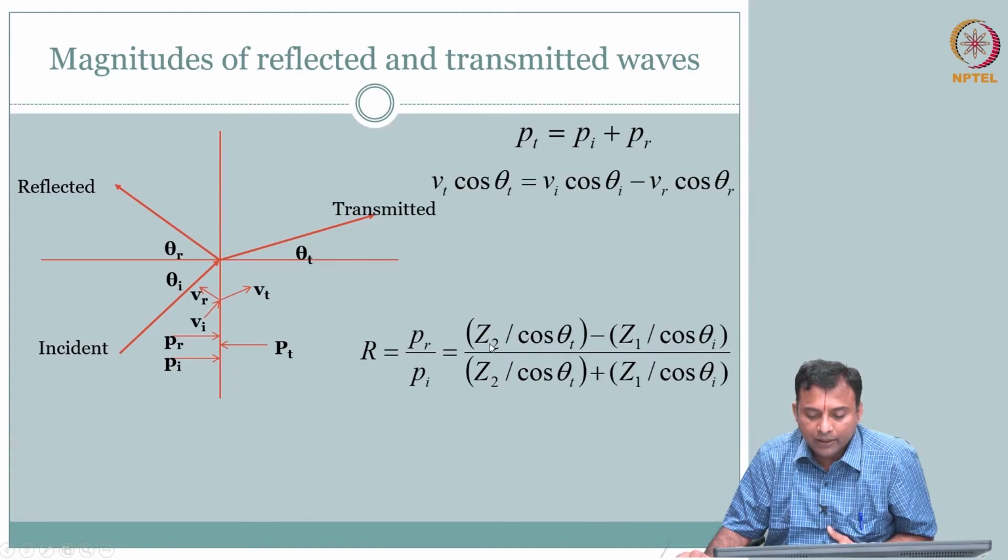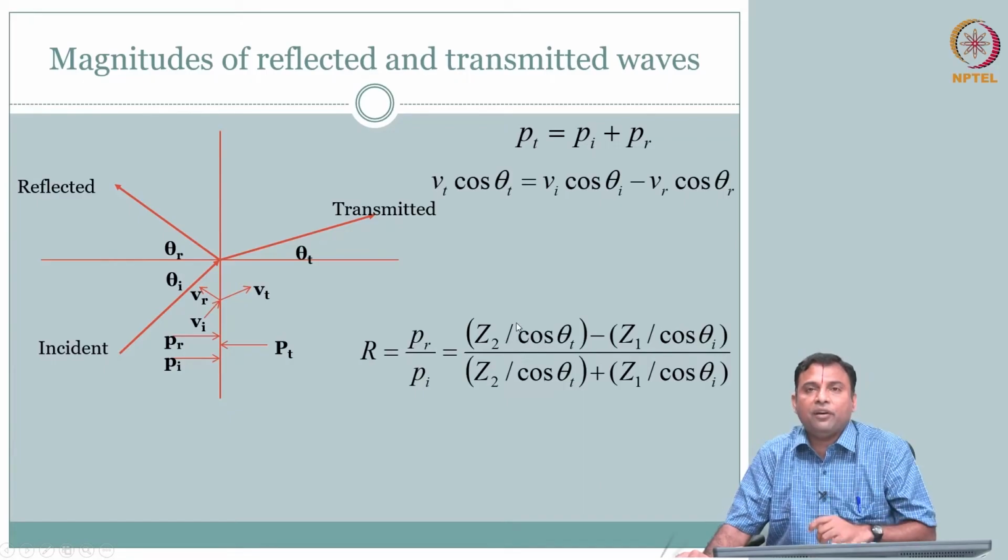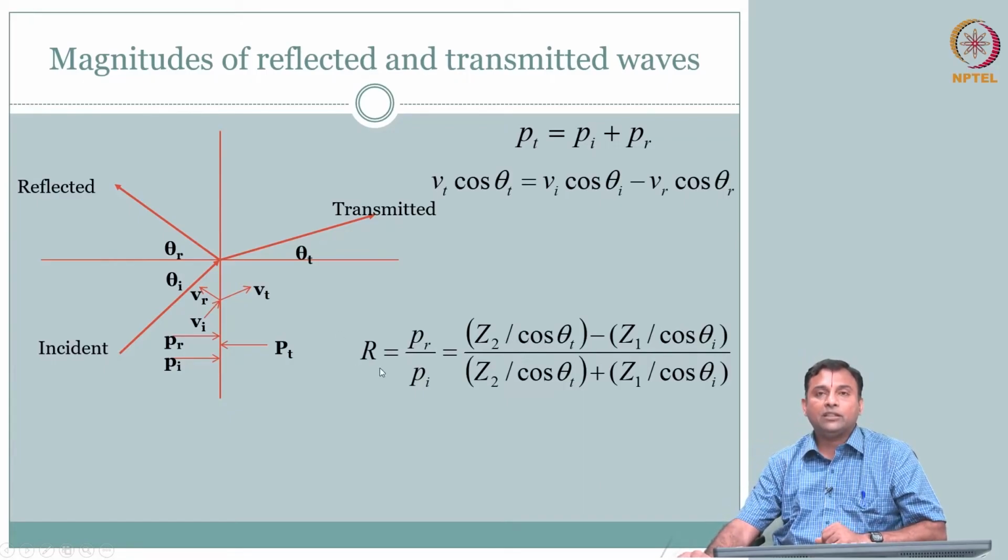In the textbook they are writing it as Z2 cos theta I minus Z1 cos theta t divided by Z2 cos theta I plus Z1 cos theta t. Okay. So these are just different forms of writing, but essentially you get the reflection coefficient, the ratio of reflected pressure to incident pressure.